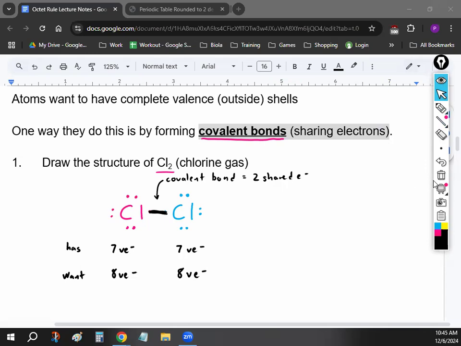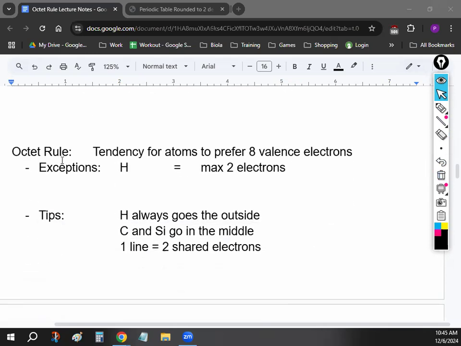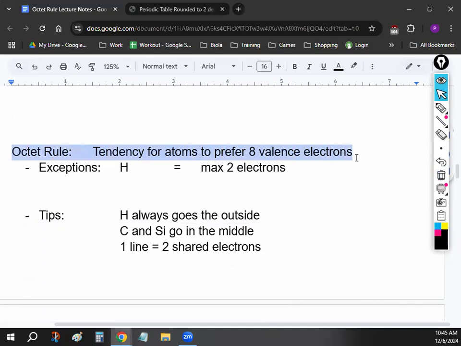All right, so let's go through a couple more rules that will help you draw these structures, because this one's pretty easy since it's only 2 elements. But as you know, there are molecules that have a lot more elements inside them. So let me give you a couple rules that will make things easier. We already talked about the octet rule. You don't need to write this down. It's that atoms want to have 8 valence electrons. Now, there is one very big exception, and it's hydrogen.